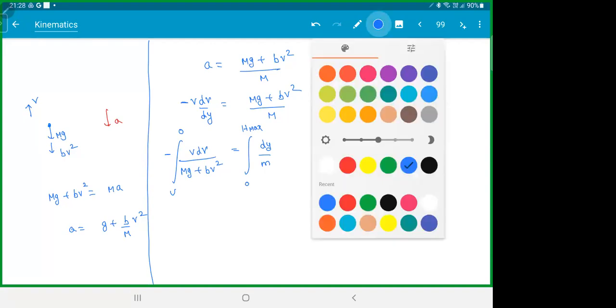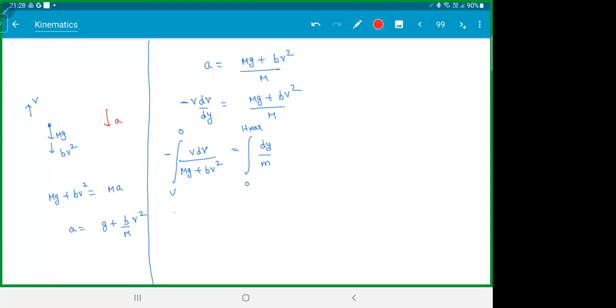So how do we solve this? We use integration with substitution. We do this thing. Put mg plus bv square equal to some z. Differentiate on both sides.